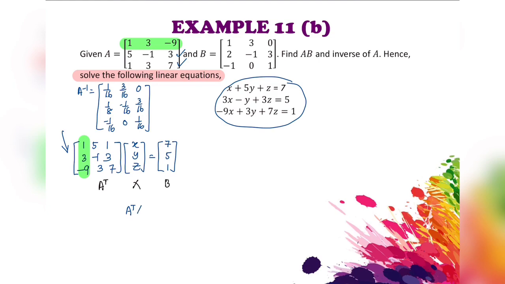A transpose X equals B, and we are going to multiply both sides by the inverse of A transpose.